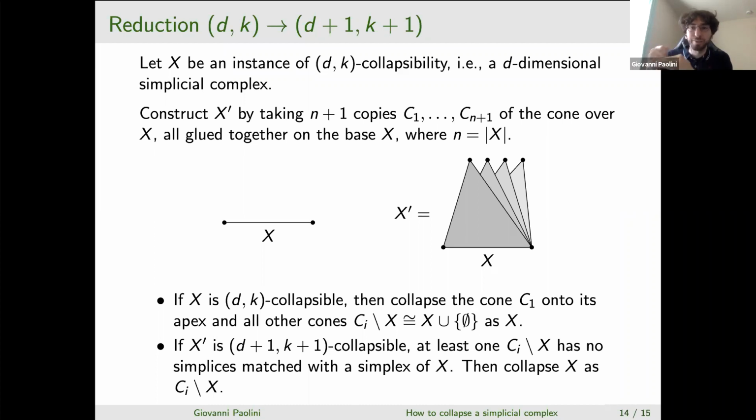So there are not enough simplices in the base to be matched with the simplices in each of the cones. So you look at one of the cones which does not interact with X, and again you can copy over the collapsing sequence in that cone without the base over to X, and there is a one shift down in dimension. This gives you a collapsing sequence for X which only leaves simplices in dimension at most k. And this completes the proof of this reduction.